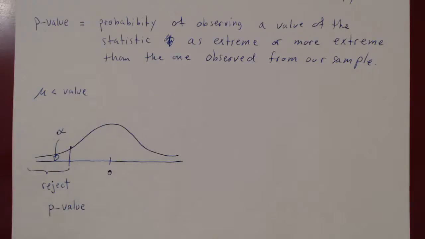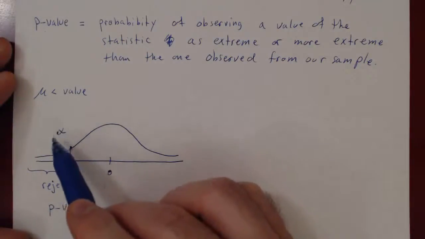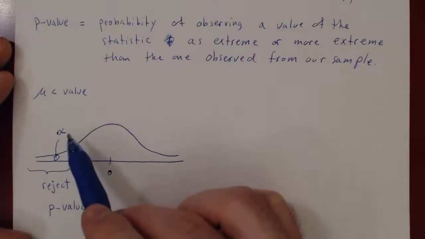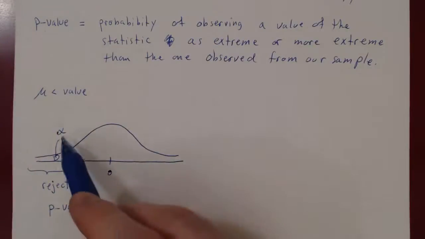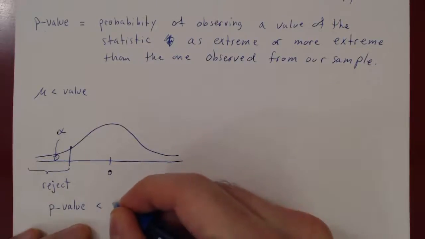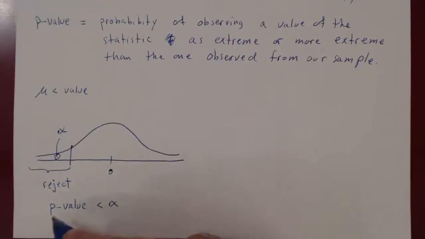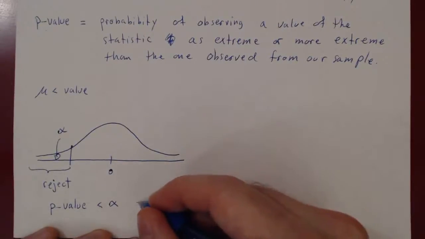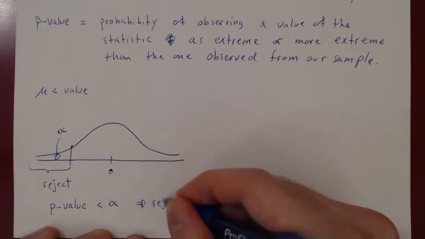But the question is, well, how small is too small? And that again is our significance level, our threshold. So we're saying if what we have observed has a probability less than our significance level, this is too unlikely, and we would reject H naught.